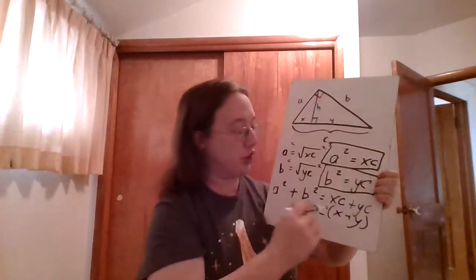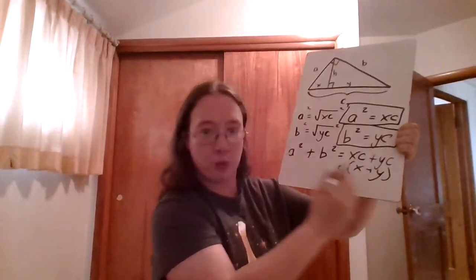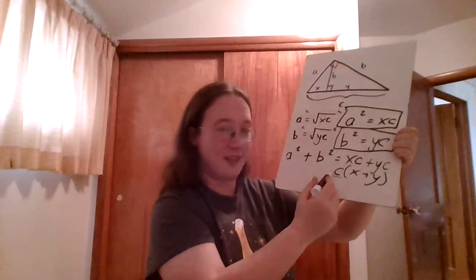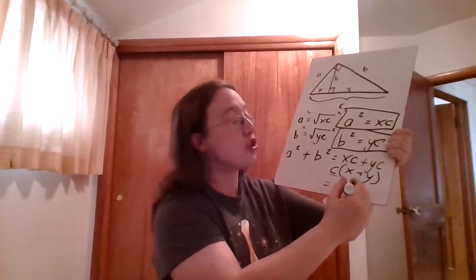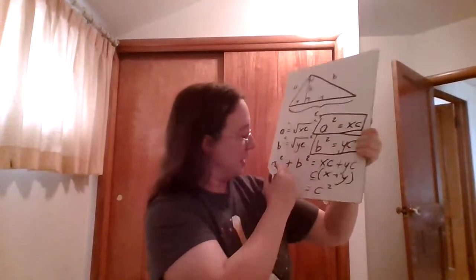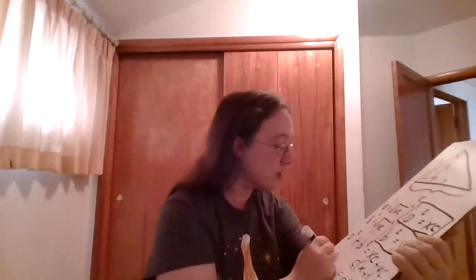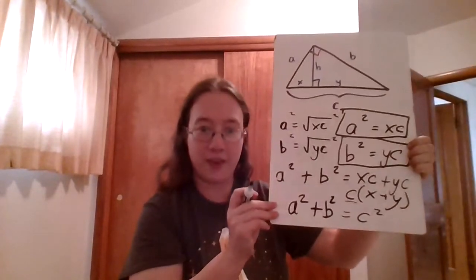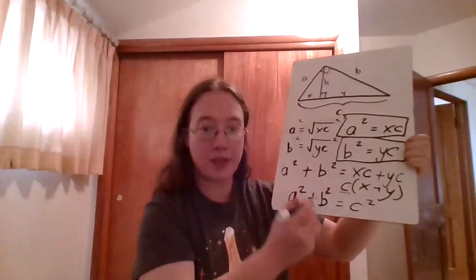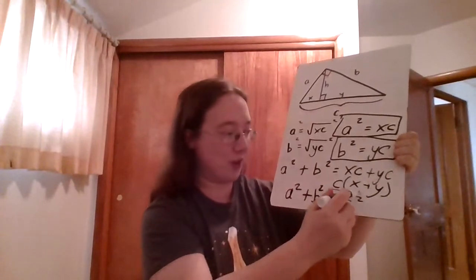So if we substitute that in there, x plus y is really c. And c times this other c is c squared. So that gives us the Pythagorean theorem, a squared plus b squared equals c squared.